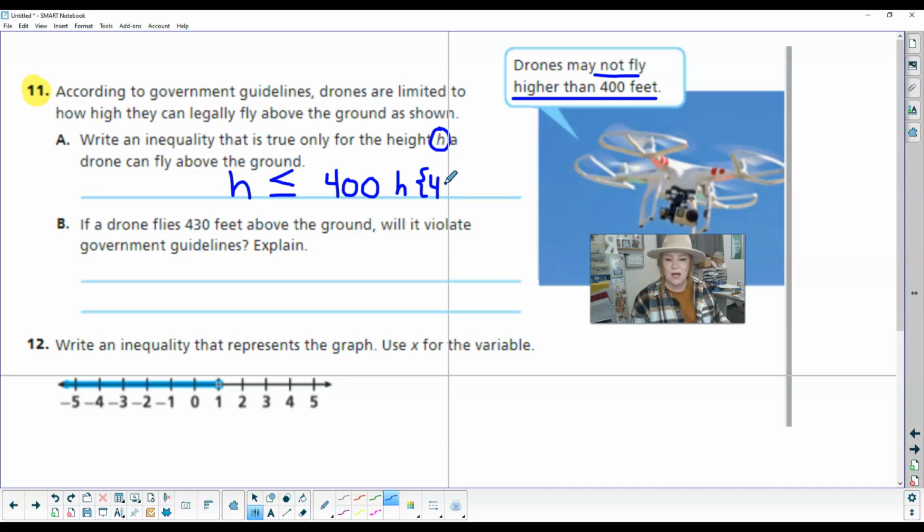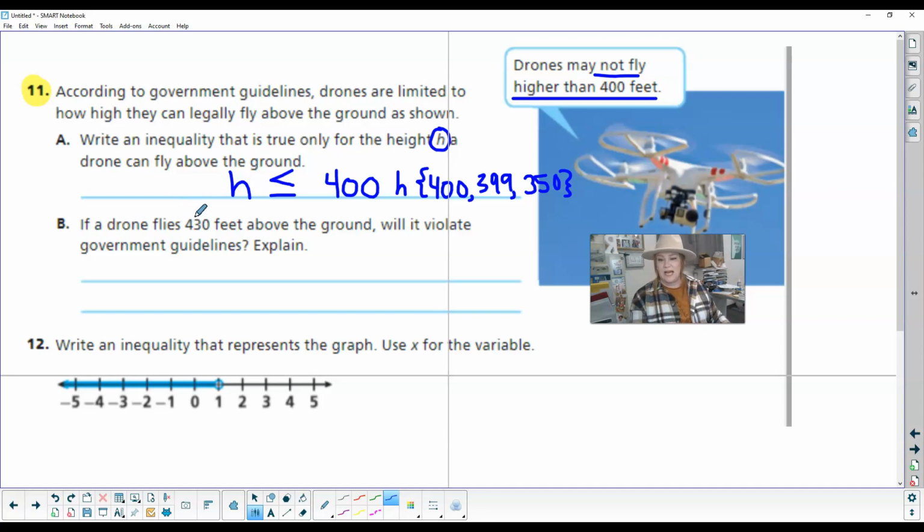If it goes 400, we're okay. We're following the law. If it goes 399, we are okay. It's less than 400. If it goes 350, that's great. All of those fit. H is less than or equal to 400 to legally fly your drone.